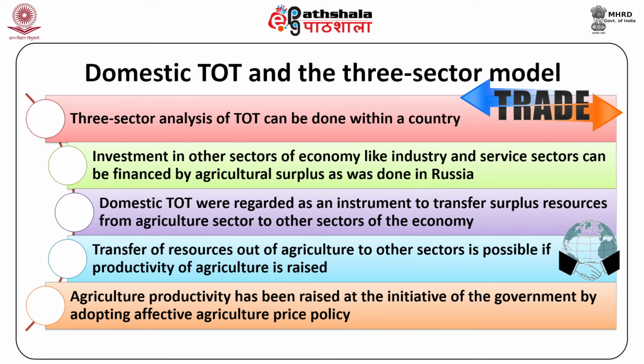In some countries, agricultural productivity has been raised at the initiative of the government by adopting effective agricultural price policy, which made it possible to transfer resources from agriculture to other sectors of the economy. Terms of trade favorable to agriculture may be used to extract surplus from agriculture to finance development of the industrial sector and the service sector.